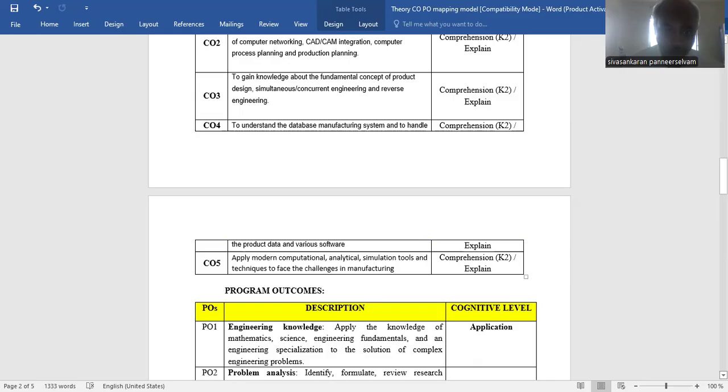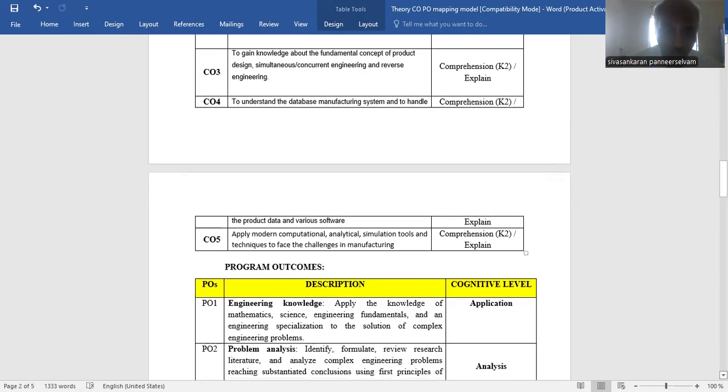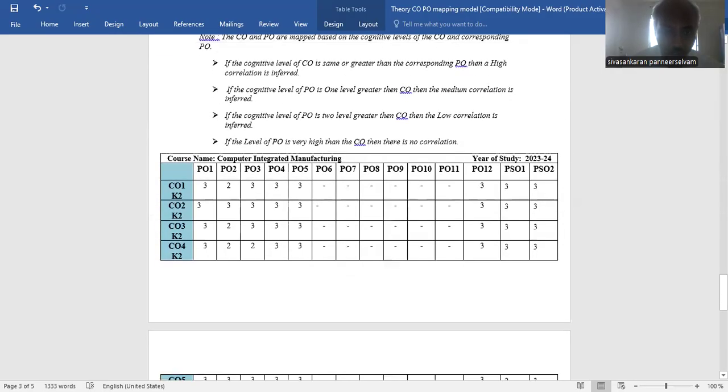Now we are going to map these course outcomes with the 12 program outcomes and also with the program specific outcomes. So let us go to the mapping table. First list out the COs and the POs and PSOs in the table as listed here. Now take the first row in the table, CO1 mapped with PO1.